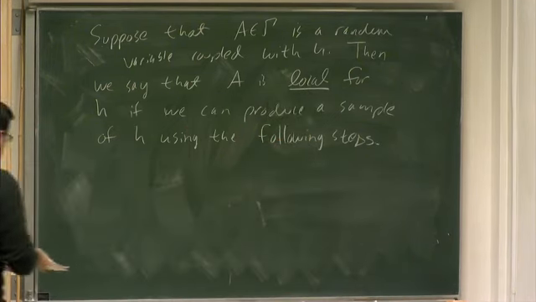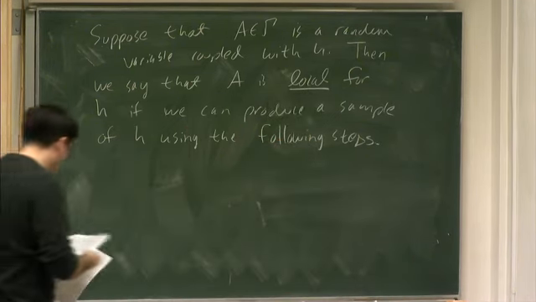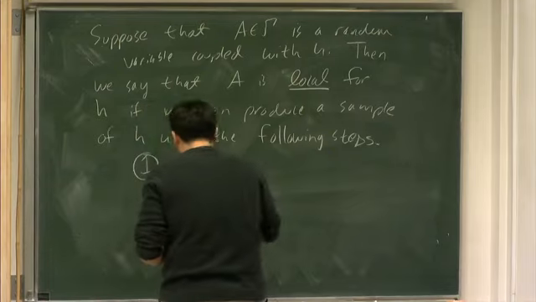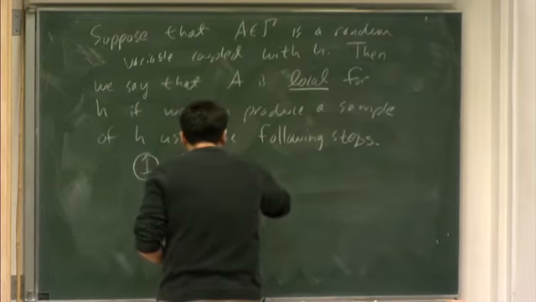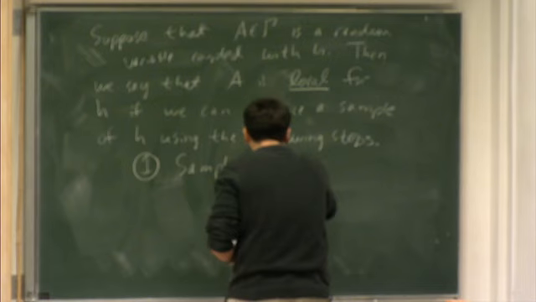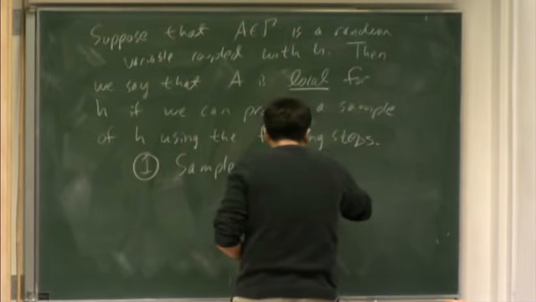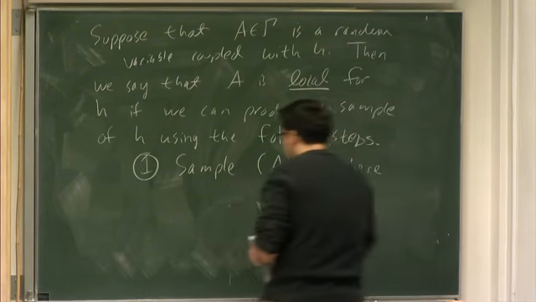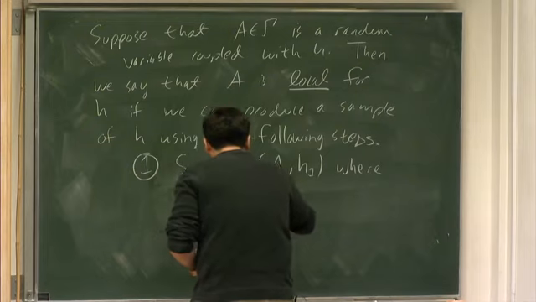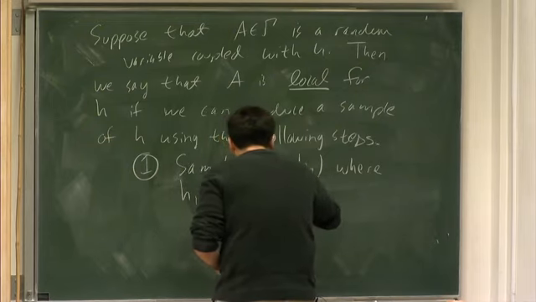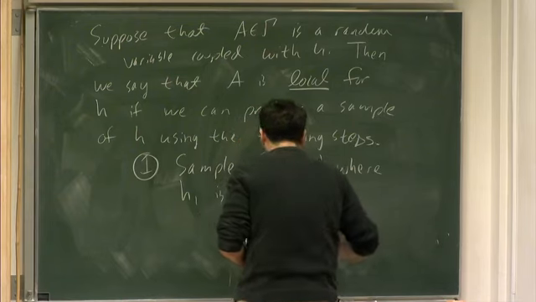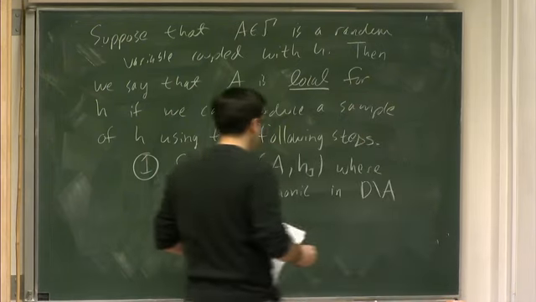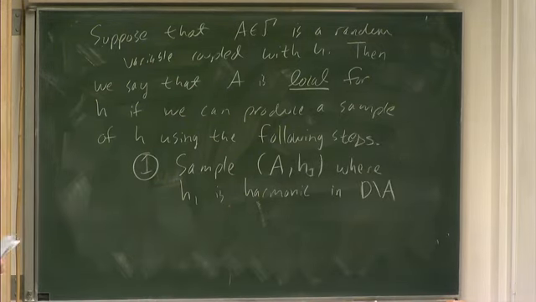Okay, so the first thing that you do is you sample a pair A comma H1, where here H1 is a distribution which is harmonic in the complement of A. Okay, so that's the first thing that you do.